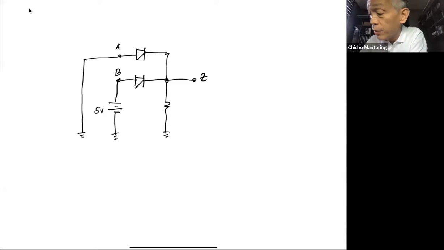The voltage at Z is either going to be 0 or positive, which means that this diode will never be conducting. Because for this diode to conduct, the open circuit voltage across its terminals should be greater than 0.7. So this will never conduct.